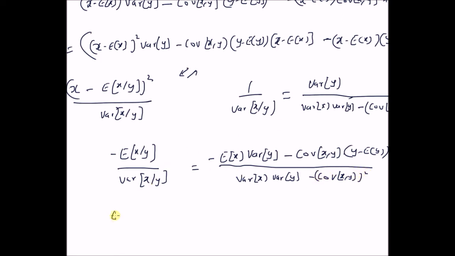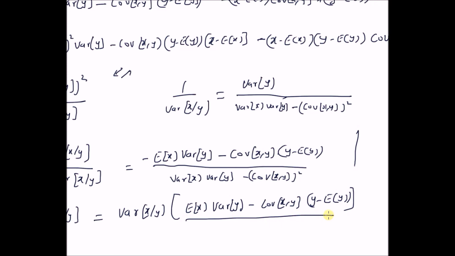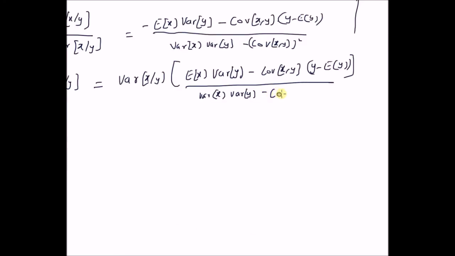Therefore the conditional mean, expectation of x given y, should be equal to variance of x given y multiplied by expectation of x into variance of y minus covariance of x comma y multiplied by y minus expectation of y, divided by this, which is variance of x variance of y minus covariance of x comma y squared.